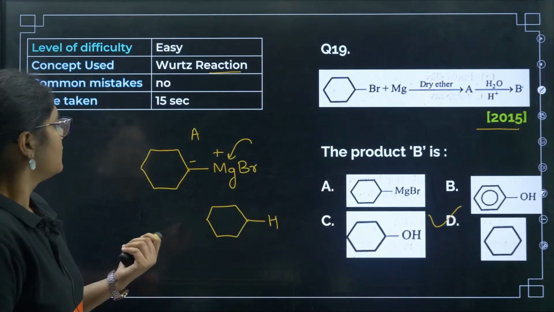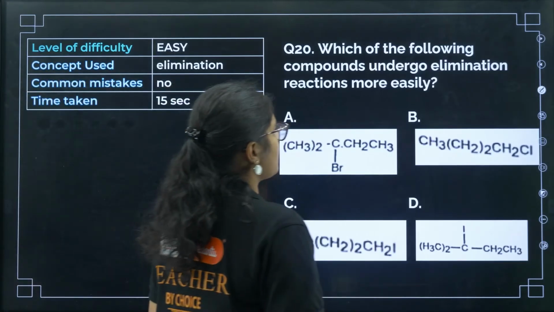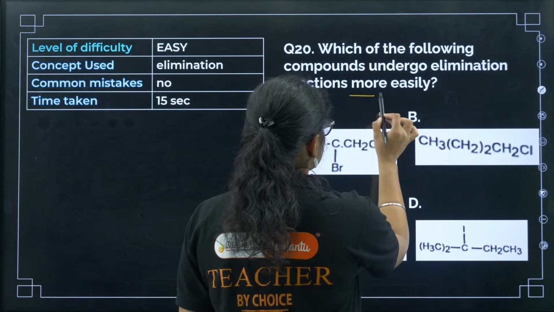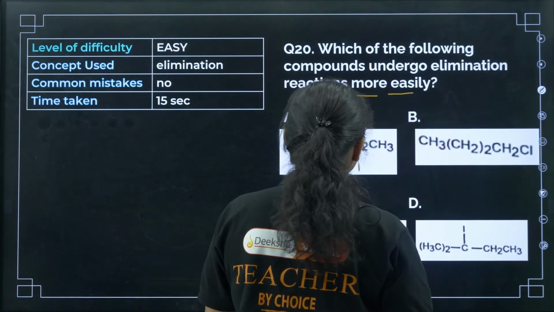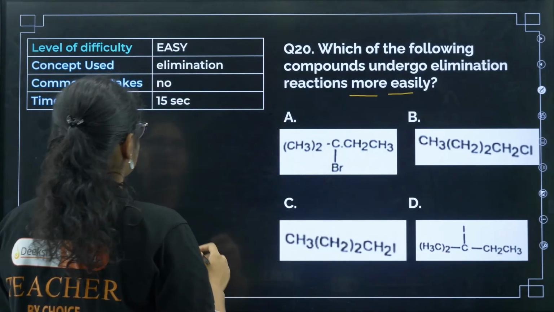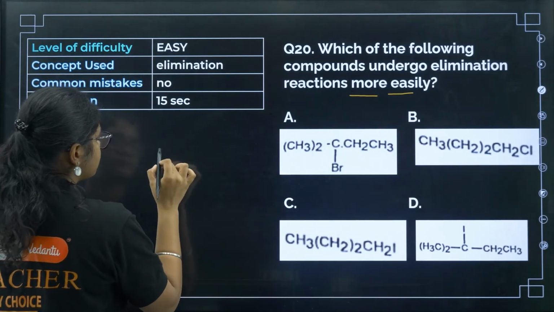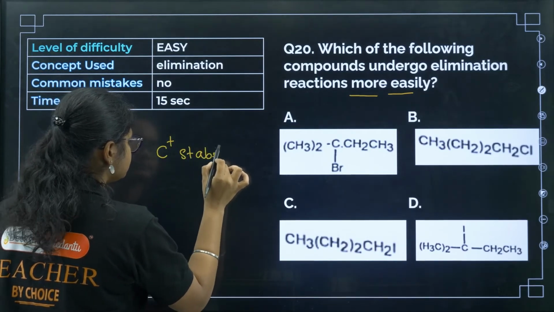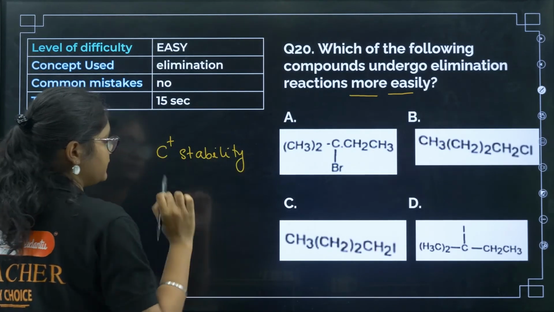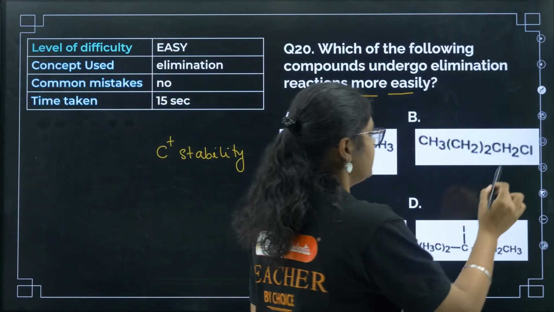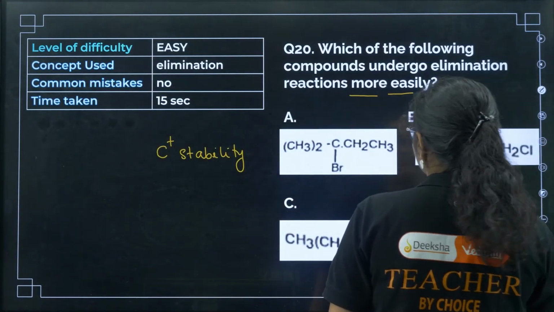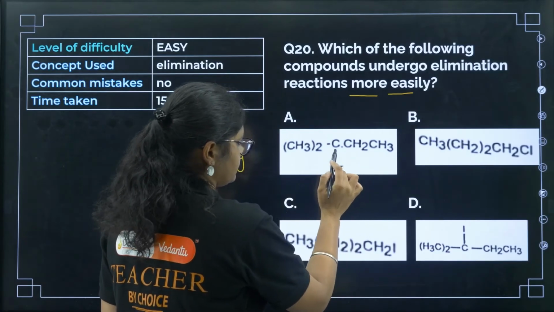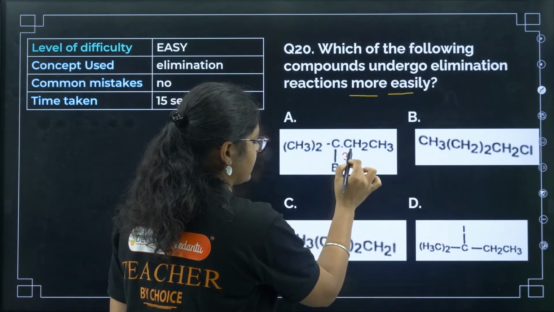Next question, which of the following compounds would undergo elimination reaction more easily? For elimination reaction, you should know the concept of carbocation stability. Here if this bromine goes out, I will get a tertiary carbocation.